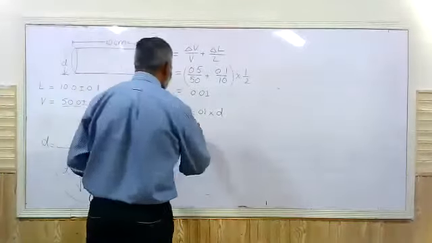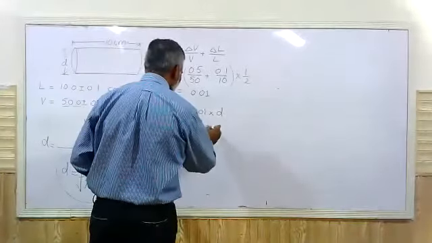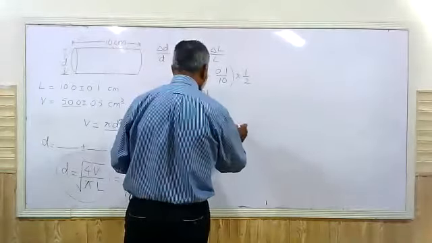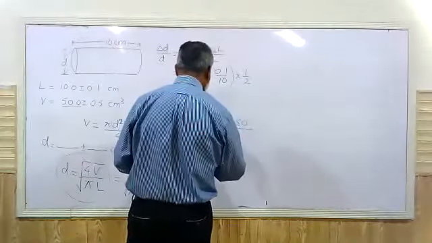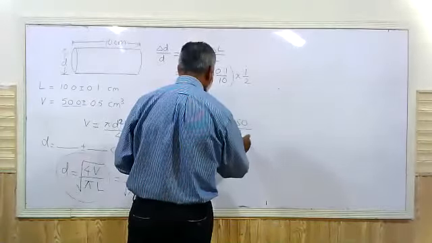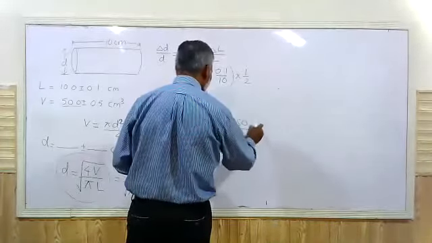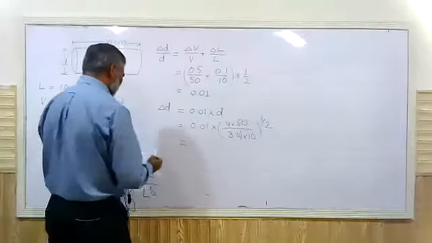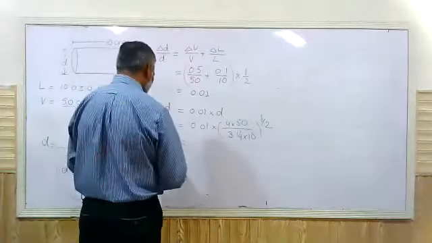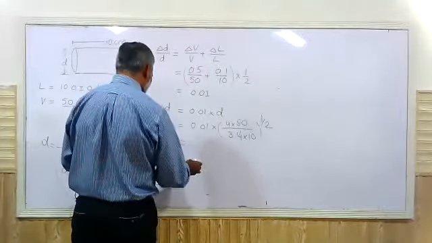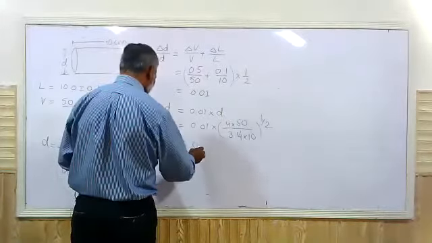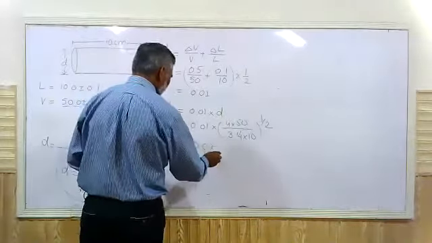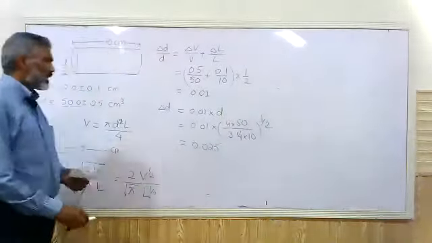We use all these values here, 0.01 into 4 into 50 divided by 3.14 into 10, all this raised to the power 1 over 2, and when simplified, this delta D comes out to be 0.025. This is delta D.